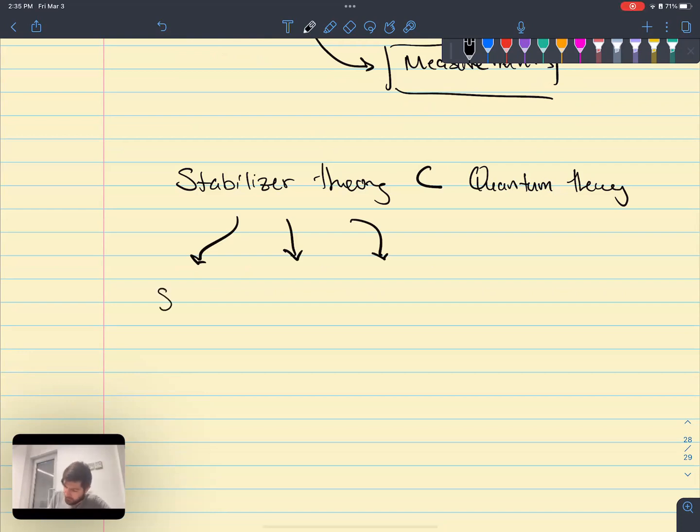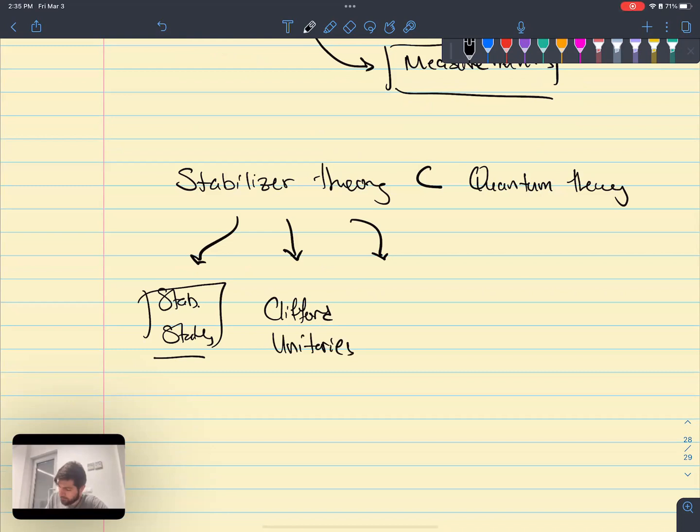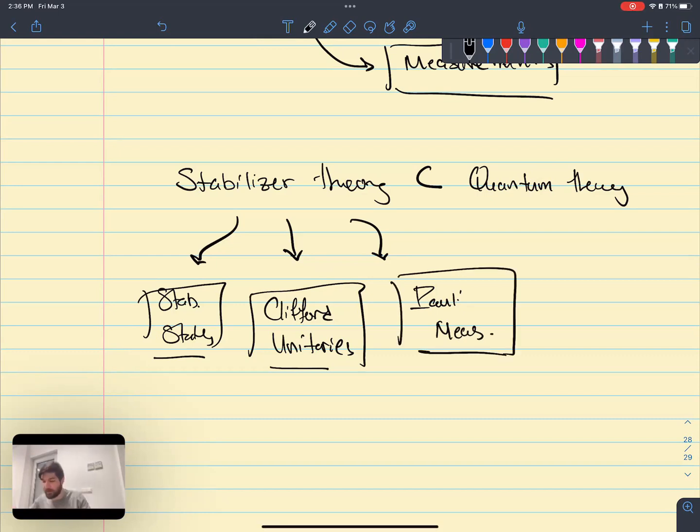These are stabilizer states, Clifford unitaries, and I'll explain what some of this is as we go. And Pauli measurements, measurements of Pauli observables. These are a subset of the possible operations, states, and measurements that you can do in quantum theory.